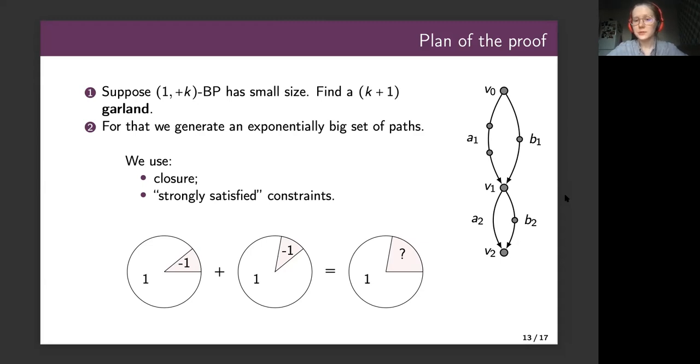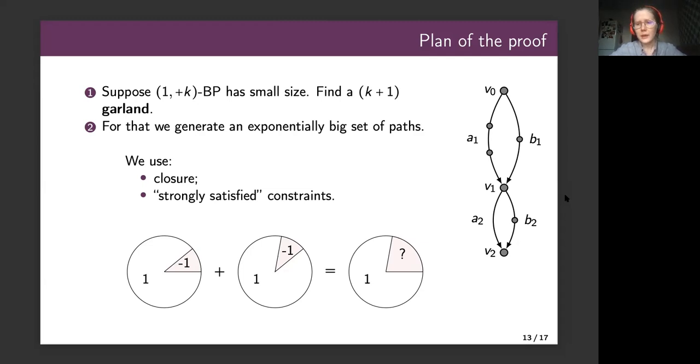It's very intuitive. To find this garland, we would like to generate an exponentially big set of paths in the program. To do that, we would like to use closure, which is a technique for combinatorial expanders, and it helps to keep the formula hard under certain partial assignments.